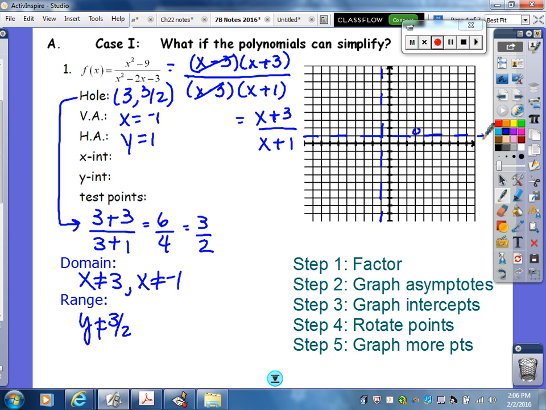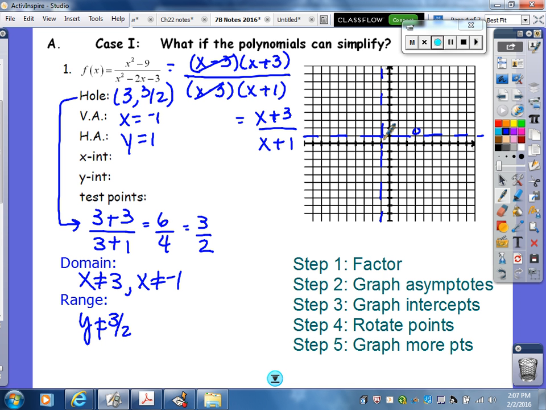Because I have one vertical asymptote, my graph is going to have two pieces, two pieces that are rotationally symmetric, so they're going to rotate about where these two asymptotes intersect. If I have two vertical asymptotes, I'm going to have three pieces to my graph, and so forth and so on.